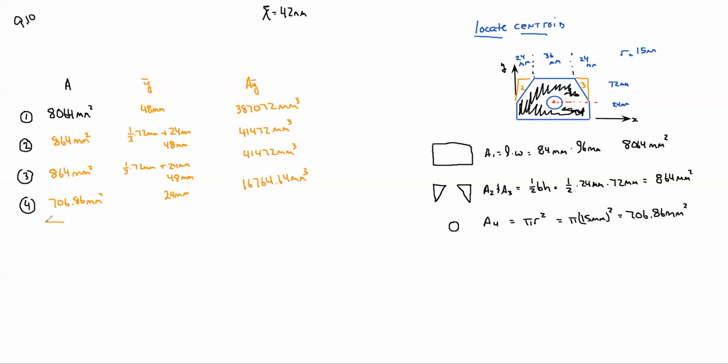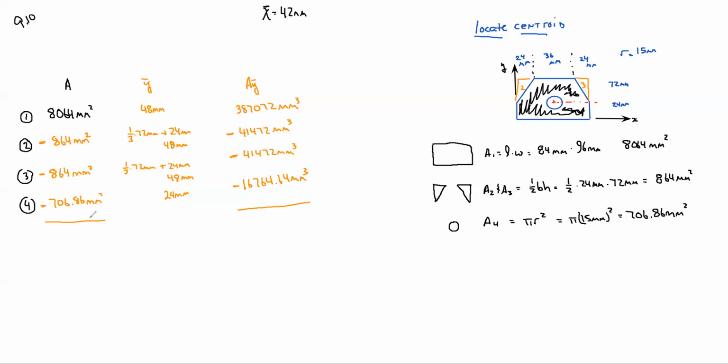All right. Now, just as a reminder, since I decided to treat this as a rectangle minus 2 triangles and a circle, I have to remember that when I add the areas, I'm subtracting those out. That, of course, makes A times y bar also negative.